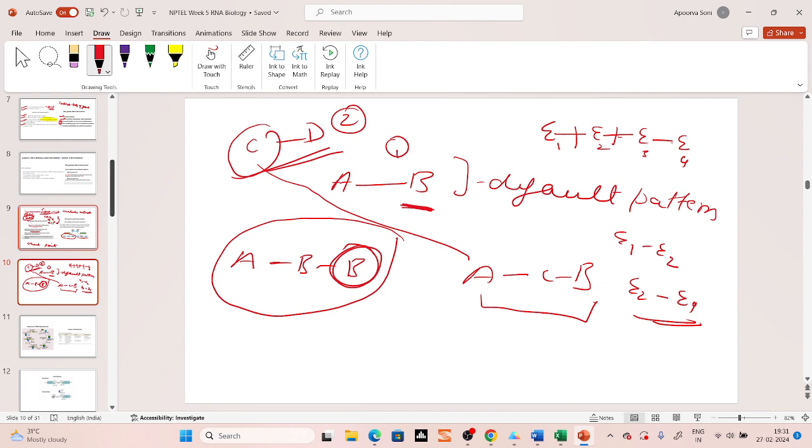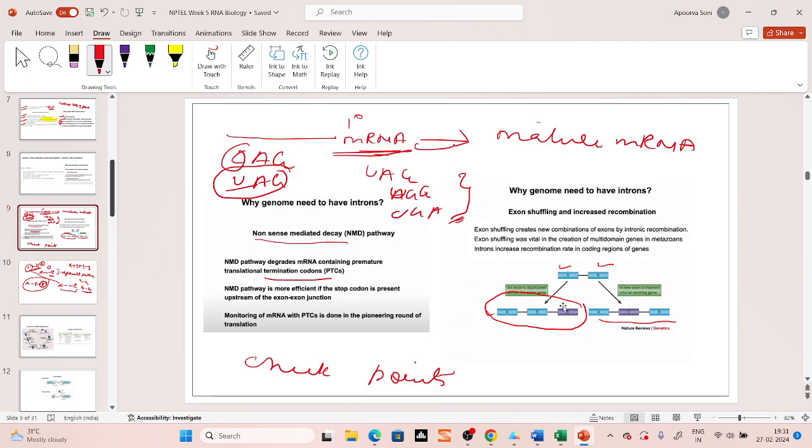Then what happens after this? Exon shuffling was vital in the creation of multi-domain genes and metazoans. Introns increase recombination rate in coding regions of genes. So ultimately, because exons are shuffling and new patterns of exons are forming, it is aiding in diversity.